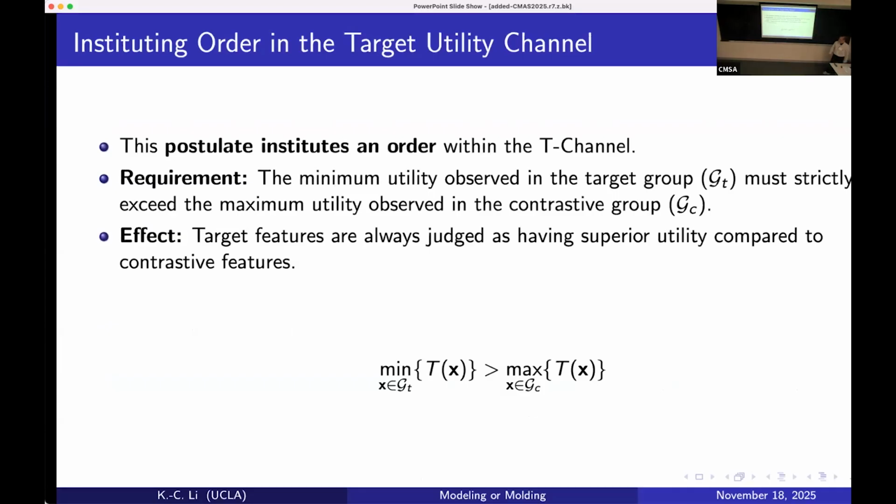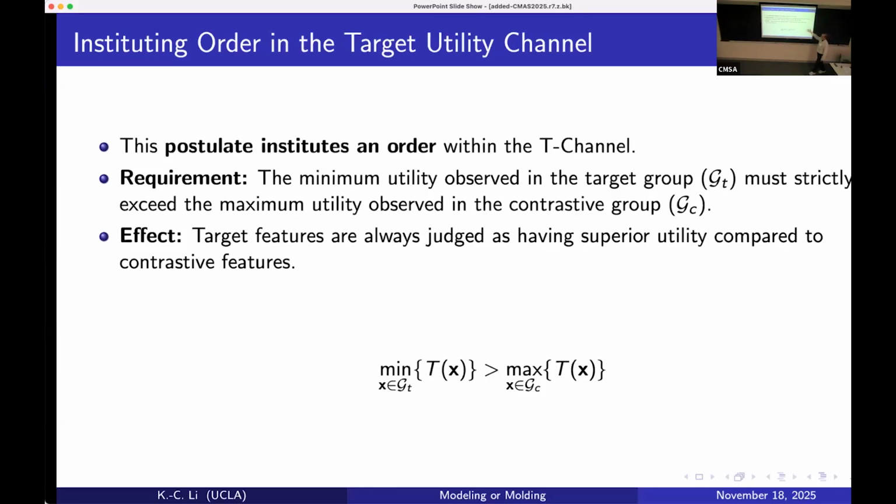So these are the postulates. You cannot just simply say that a dog should not be considered a cat and others. We need to have some postulate saying that these features at least have to satisfy certain inequality.